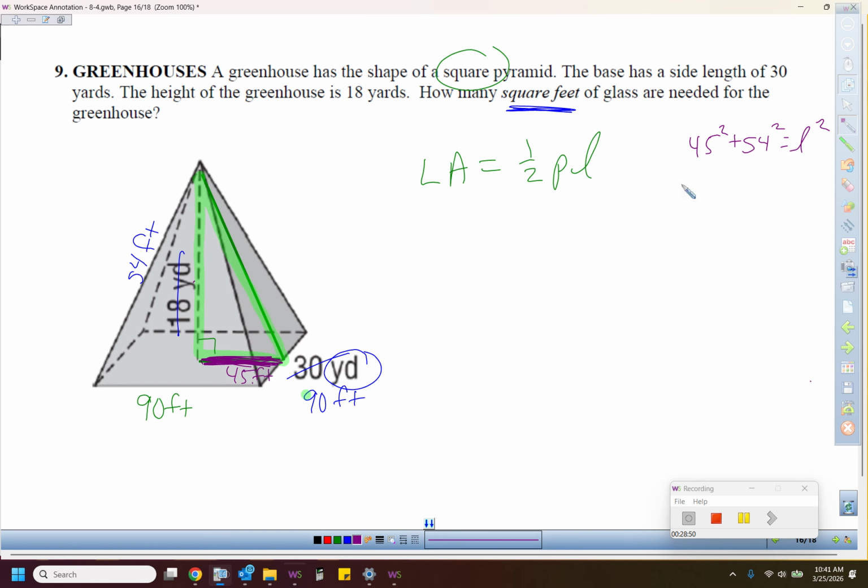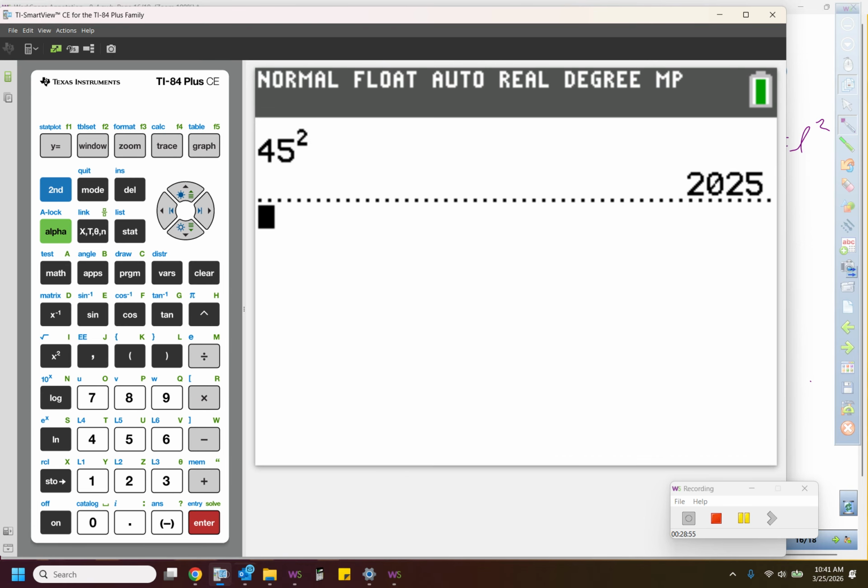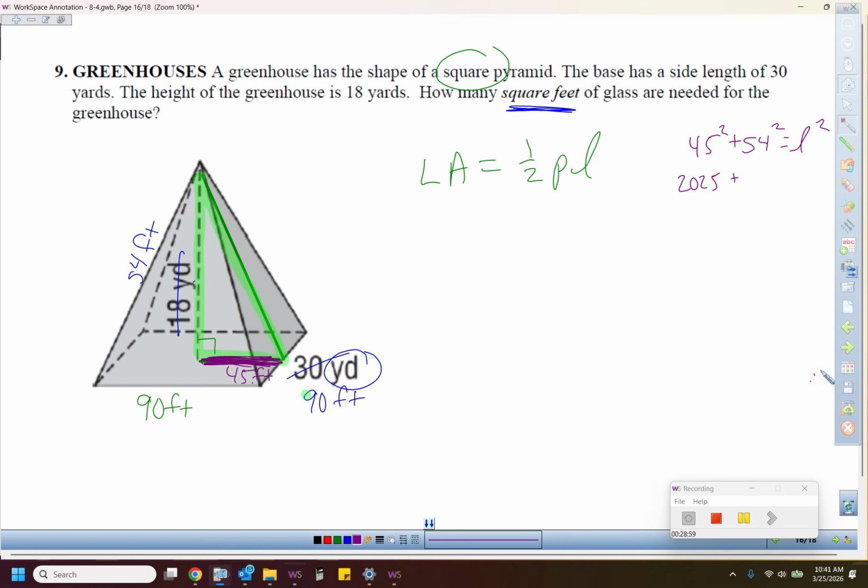And write them down. 2025. And 54 squared second. That way, if you happen to hit a wrong button, I at least can see you knew what you were trying to do. We just hit a wrong button somewhere. Find that slant height.